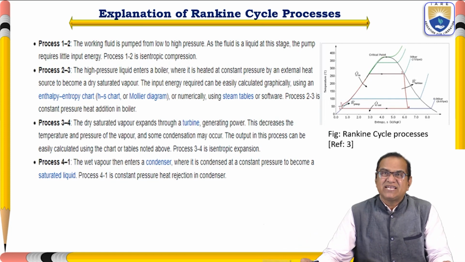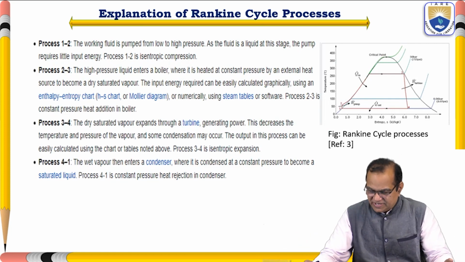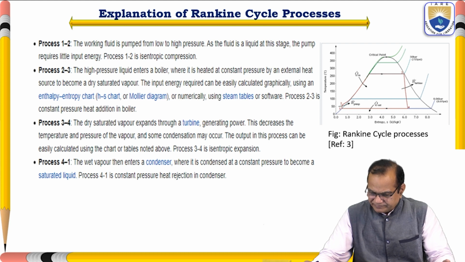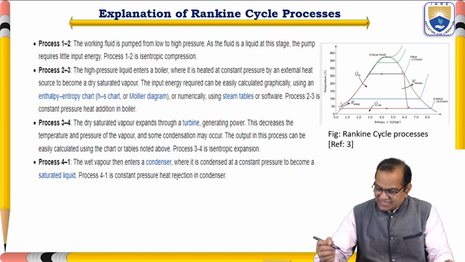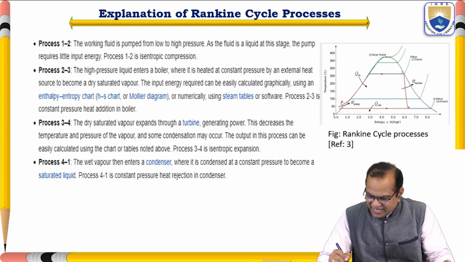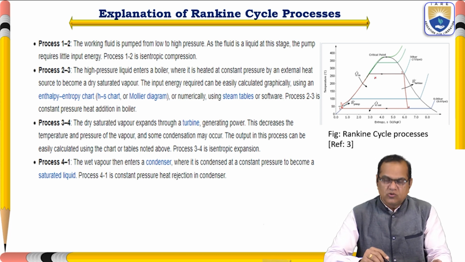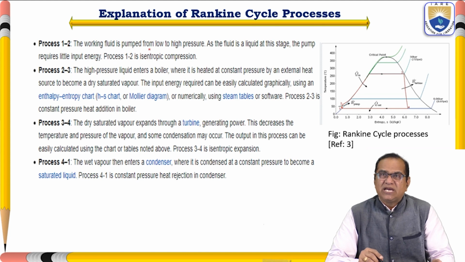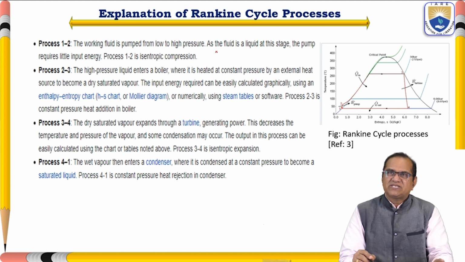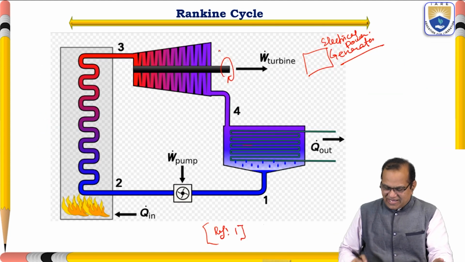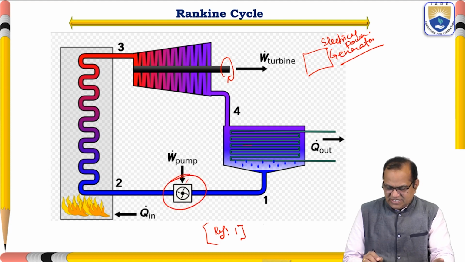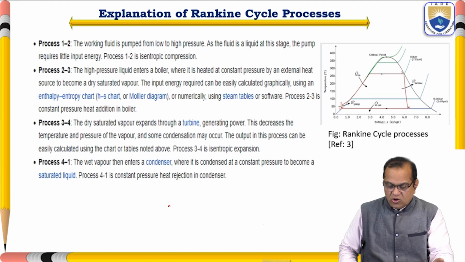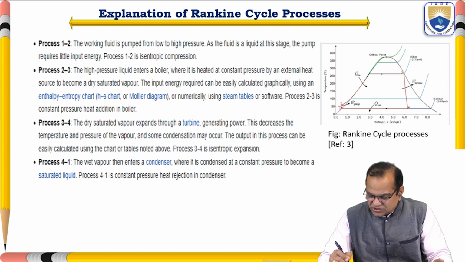Here the same thing is explained by the help of this TS diagram. We can see that 1 and 2 is a very small part. In process 1 to 2, the working fluid is pumped from low to high pressure. If you see the previous diagram, this is the pump which takes the fluid from low pressure to high pressure, shown as 1 and 2.